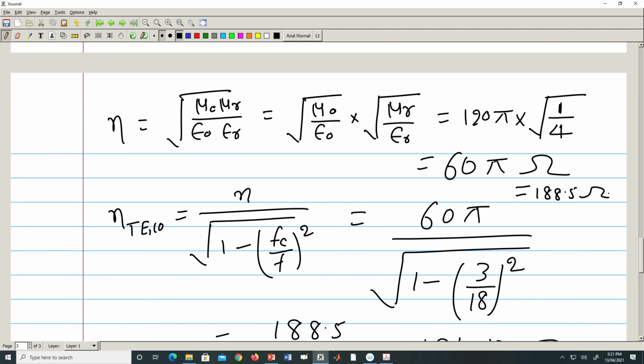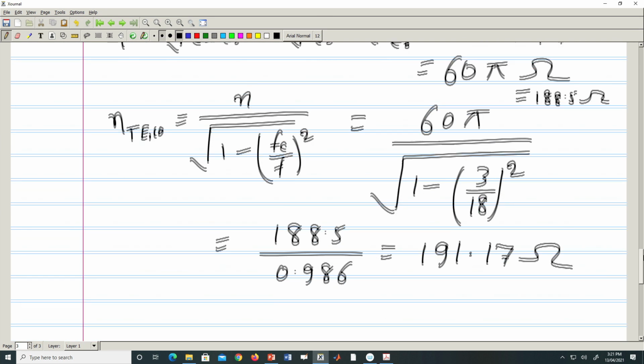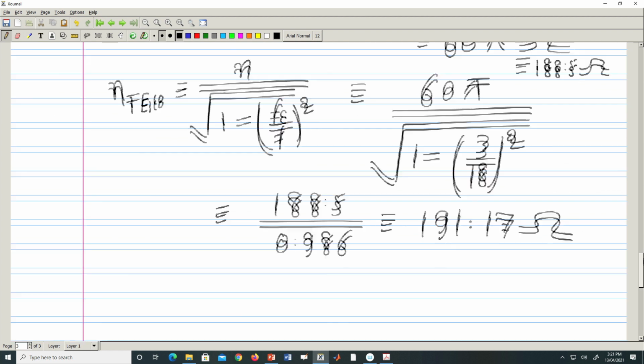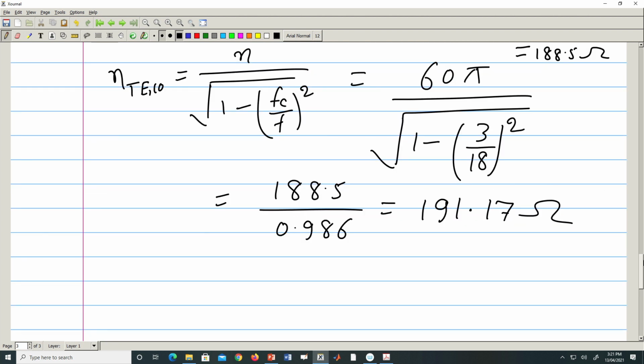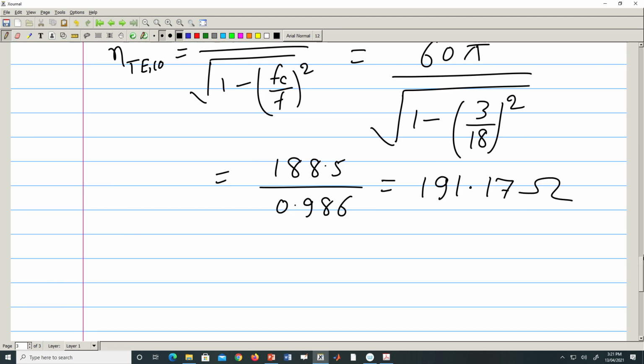For the TM11 mode we know the formula is eta times a square root of 1 minus fc upon f whole square. So, fc we have to calculate because fc is unknown here, it will change for every mode.